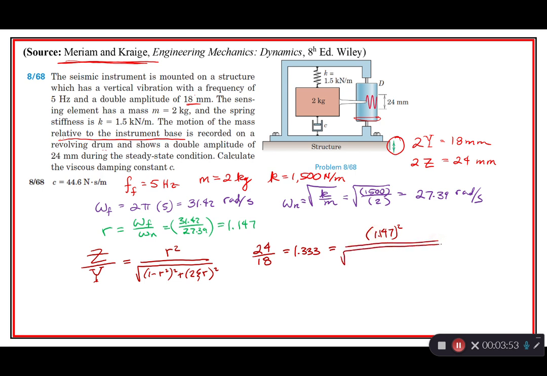Square root of 1 minus 1.147 squared plus 2 squiggle times 1.147, whole thing squared. You can see that we have to do a little bit of manipulation out here. Not too terribly bad.